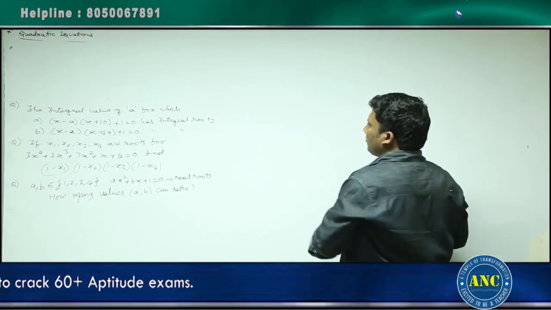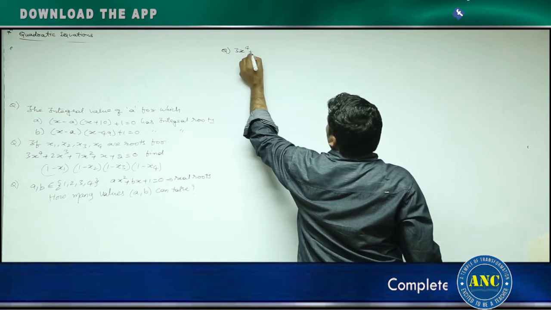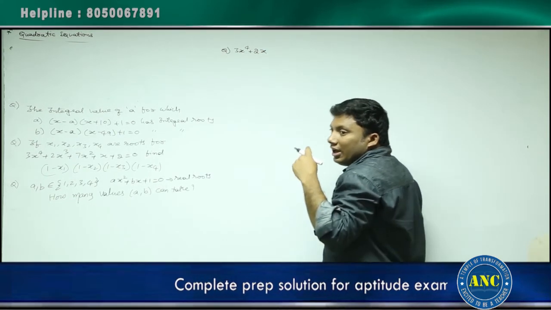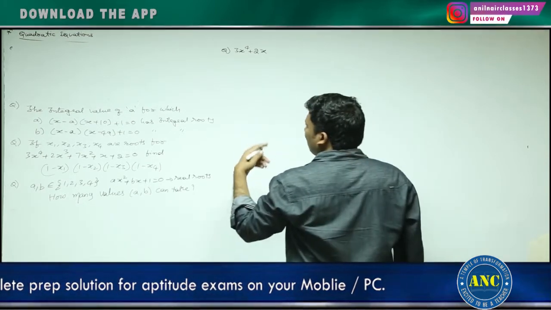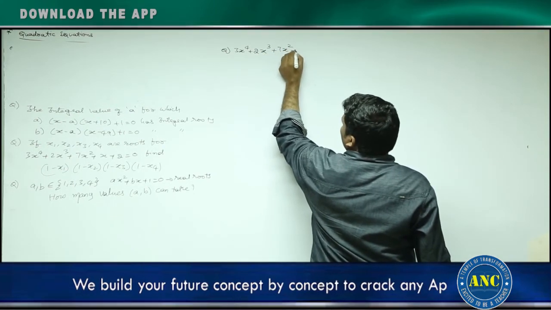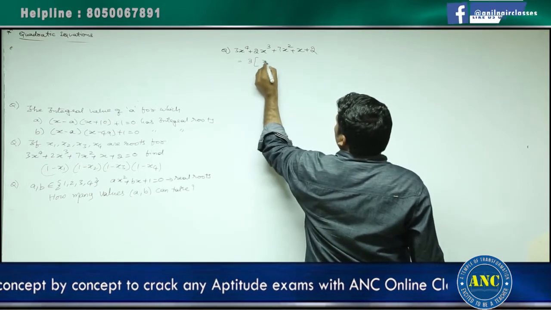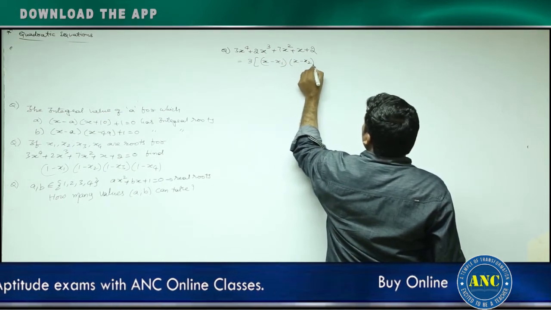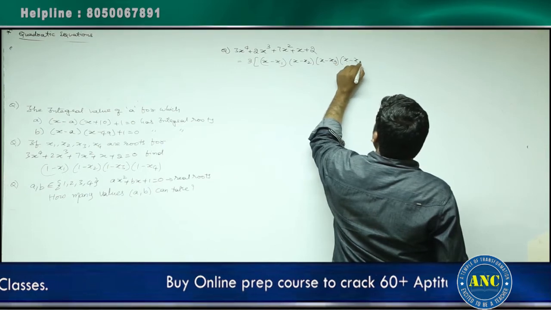x1, x2, x3, x4 are roots. So this will become 3x power 4 plus 2x cube plus 7x square plus x plus 2. Already we discussed: if the degree is 2, it is a into x minus alpha, x minus beta. If 3 are there, x minus x1, x2, x3. If 4 are there, it will be 3 into x minus x1, x minus x2, x minus x3, x minus x4.